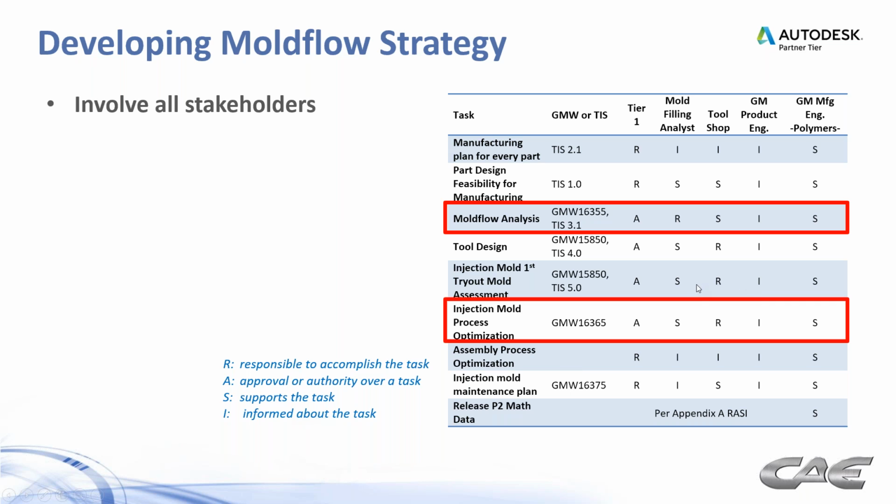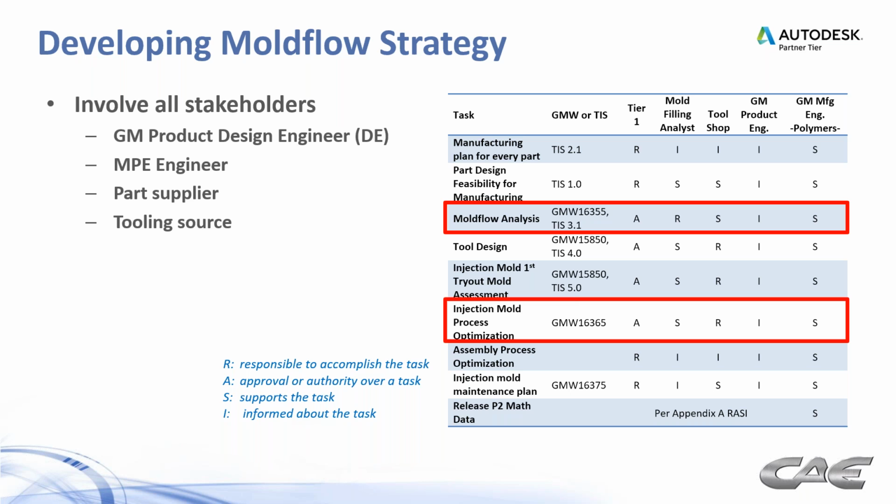So you want to involve all stakeholders: the GM product design engineer, the MPE engineer, the part supplier, the tooling source, material supplier, the hot runner, Moldflow source. All of these people are going to have opinions on how to solve a particular project, or problem rather.